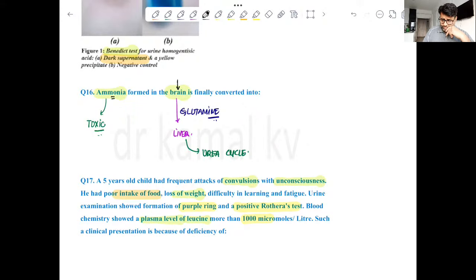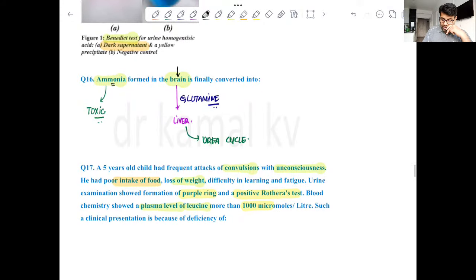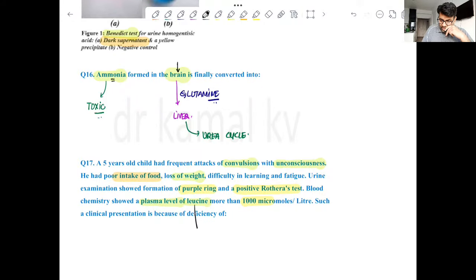Now, if you look here, going with the question statement, it seems that it's a very difficult question and very difficult to reach up to the answer. But here you just note one thing: the levels of leucine are high. It means there is defective metabolism of leucine.